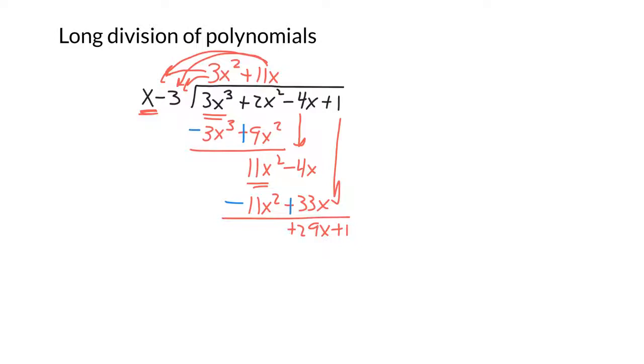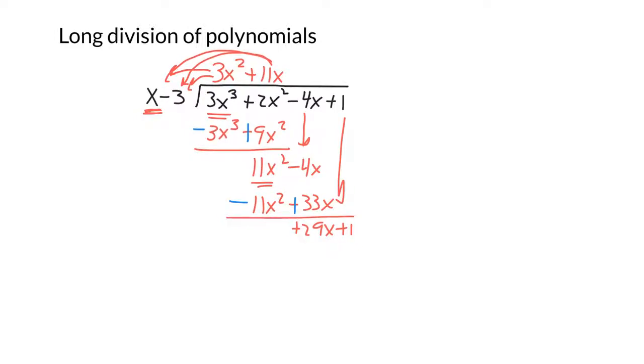And we rinse, lather, repeat again, asking ourselves now, what would we take times x to get 29x? That would be a positive 29. So 29 times x is indeed 29x. 29 times 3 is, and that would be a negative 3, so it would be a negative 87.